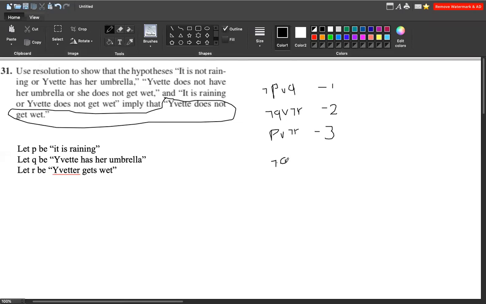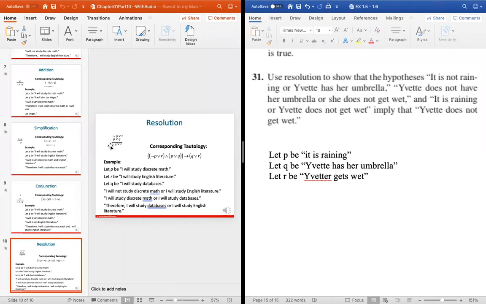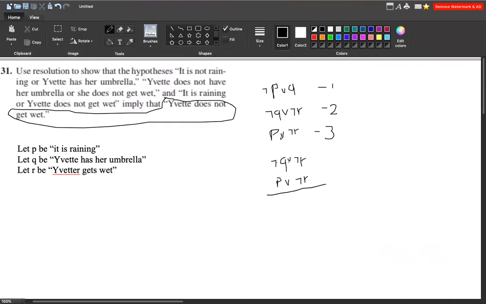We have negation of Q or negation of R, and we have P or negation of R. This one is where we will be applying the rule of resolution, not this one, because we cannot apply it over here.